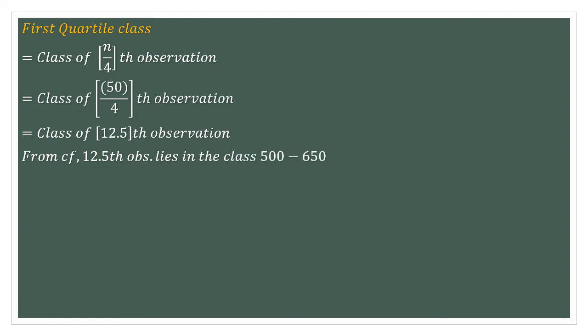Now we have to take the lower limit, the frequency, the cumulative frequency prior to the quartile class, and the class length. So that would be 500, the frequency is 13, the CF before this class is 7, and the class length is 150. Our formula for Q1 is L plus (n upon 4 minus CF) upon f, into c.